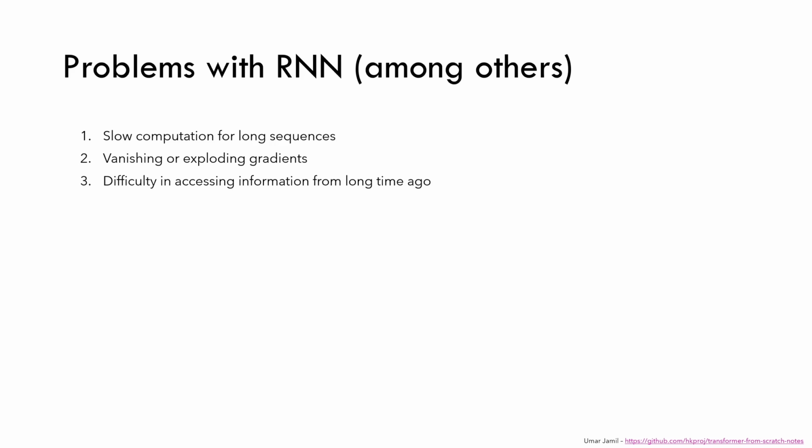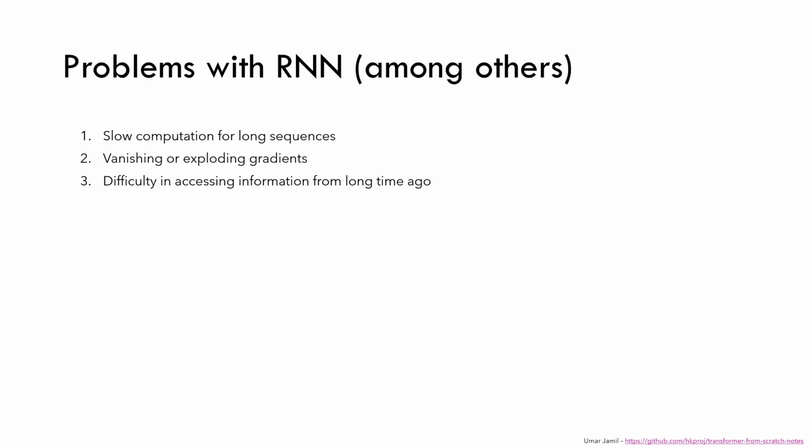If we have a very long input sequence, the last token will have a hidden state whose contribution from the first token has nearly gone because of this long chain of multiplication. So actually the last token will not depend much on the first token.